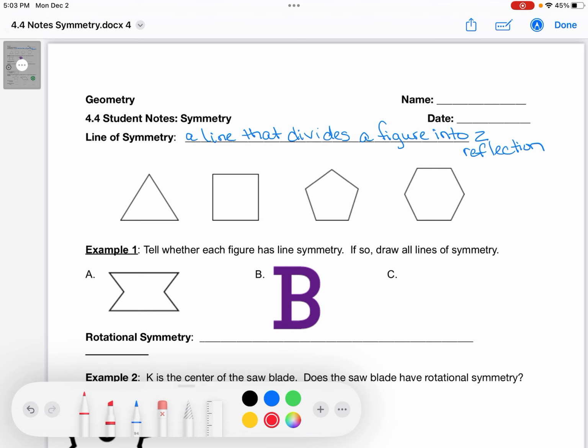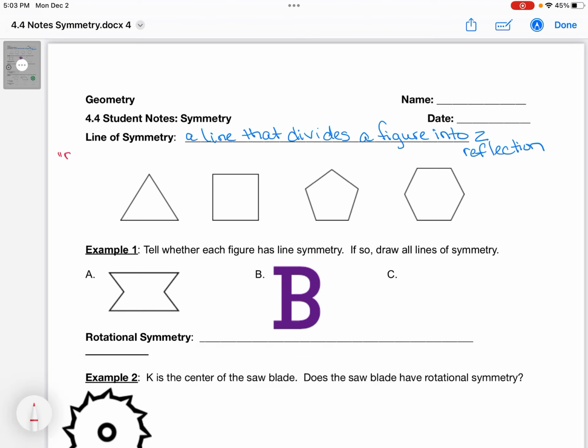All right, so a new vocabulary word that we haven't talked about, but we will later, is the word regular. When we're talking about shapes, regular means all the sides and all the angles are equal. A regular triangle has all the sides equal.